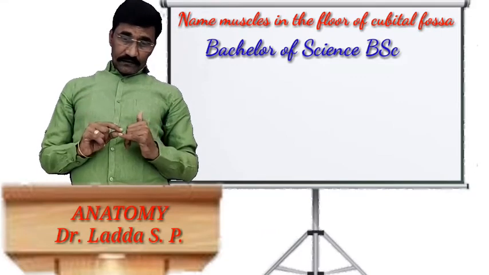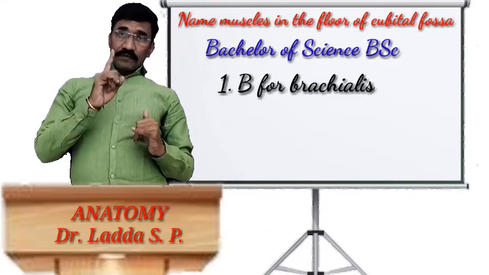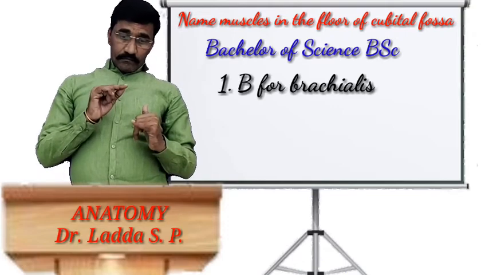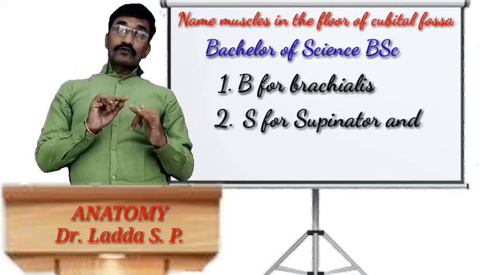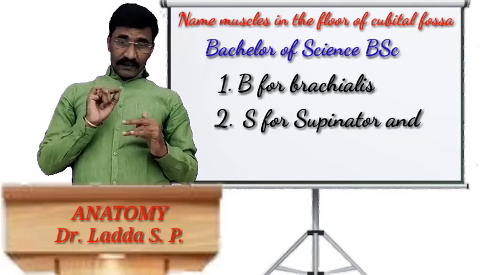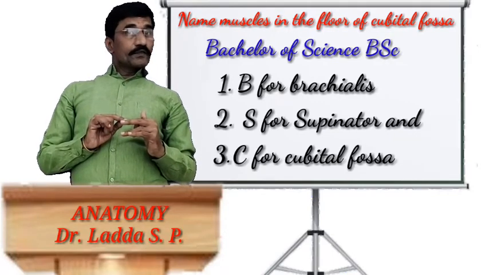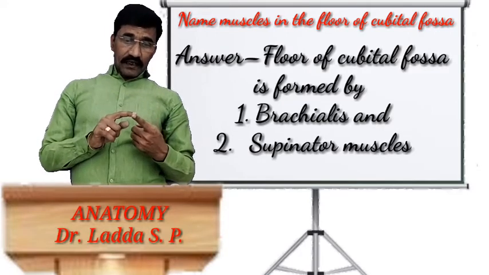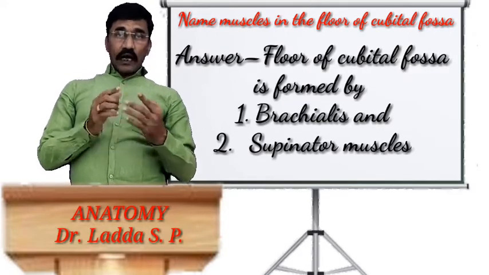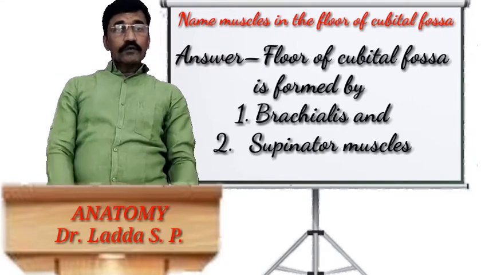B stands for brachialis, S stands for supinator, and C stands for cubital fossa. So these two muscles, brachialis and supinator, form the floor of cubital fossa.